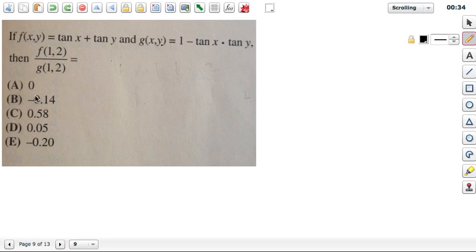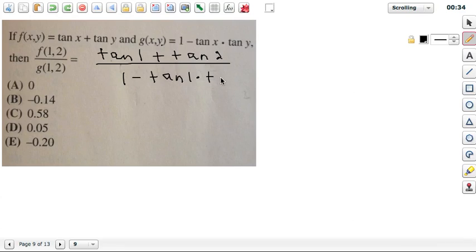You can see that the answer choices are in decimal, so you know you'll need a calculator. So simply follow the directions. So this one would be tan 1 plus tan 2. The denominator would be 1 minus tan 1 times tan 2.